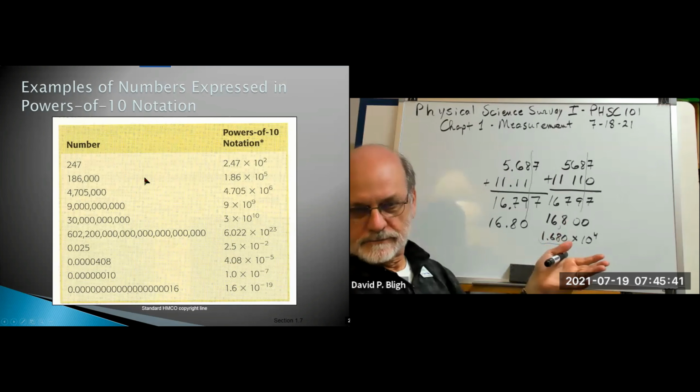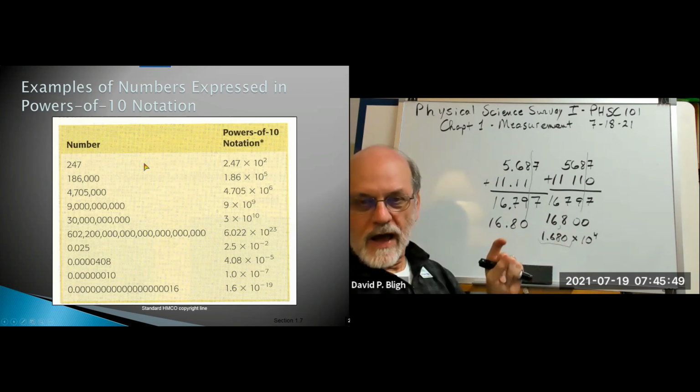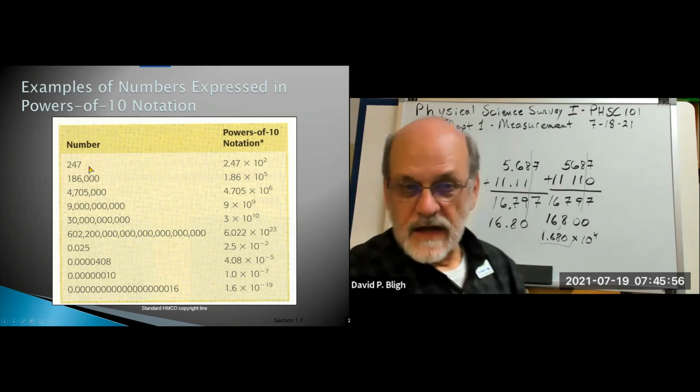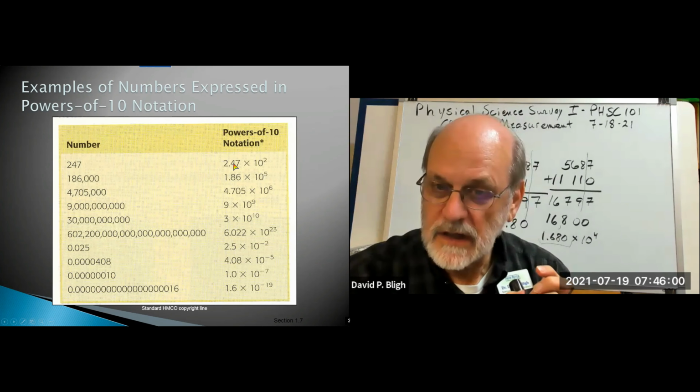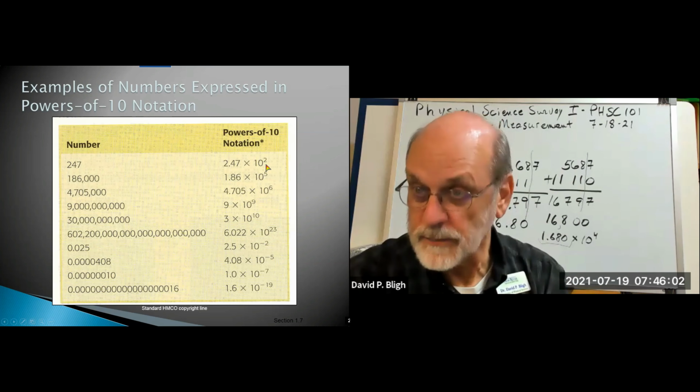Here are examples. 247 as scientific notation is 2.47 times 10 squared. So look at how we moved the decimal place. We moved it to the left, 1, 2. So as the number gets smaller for the coefficient, the power of 10 gets larger. It's a positive number.